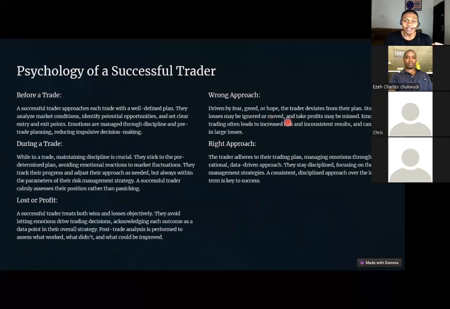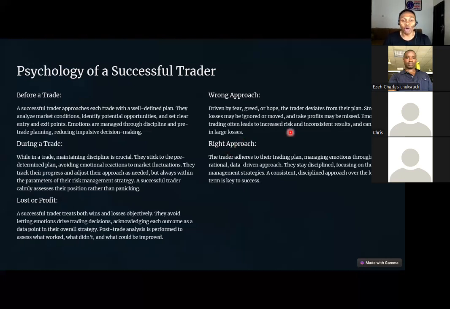The trader diverts from their plan. Stop losses may be ignored or moved, and take profits may be missed. Emotional trading often leads to increased risk and inconsistent results, and can result in large losses of your trading capital.